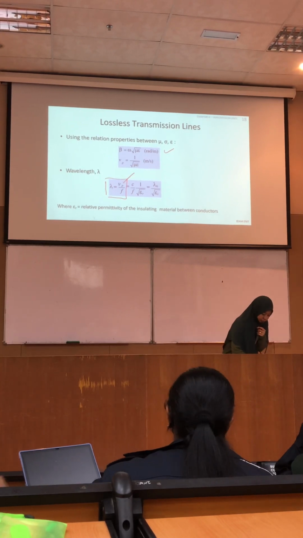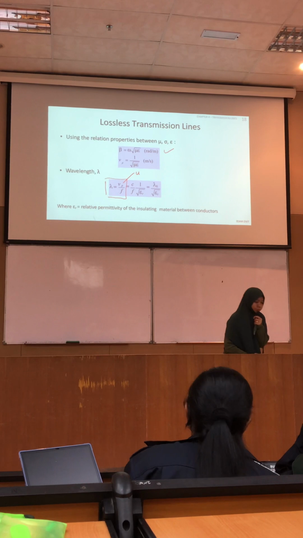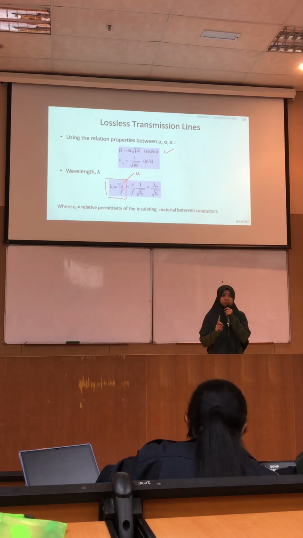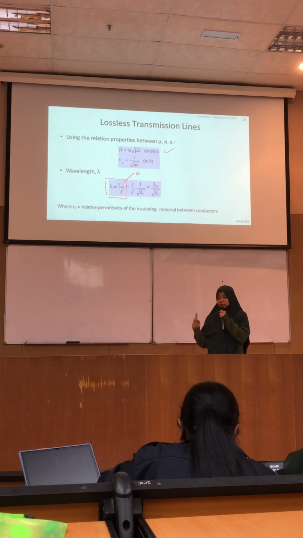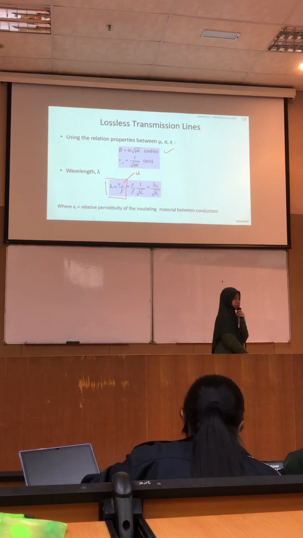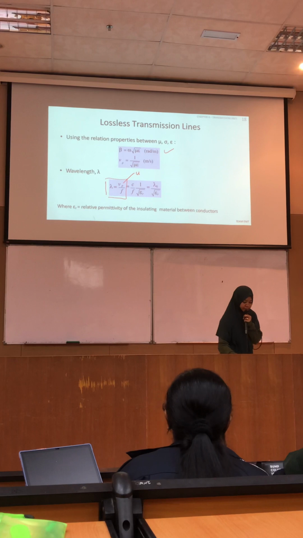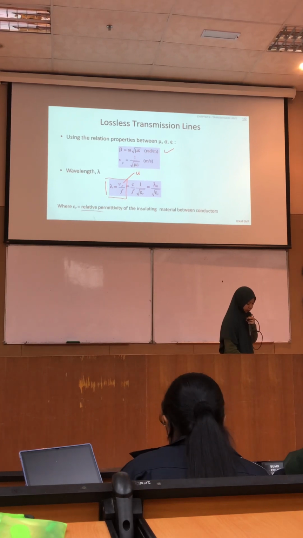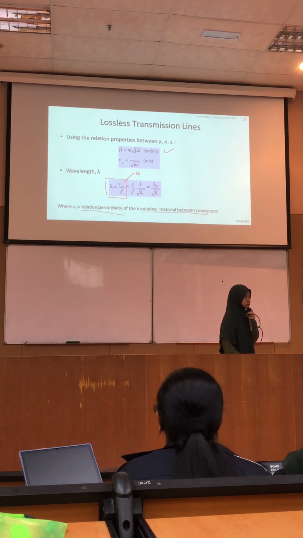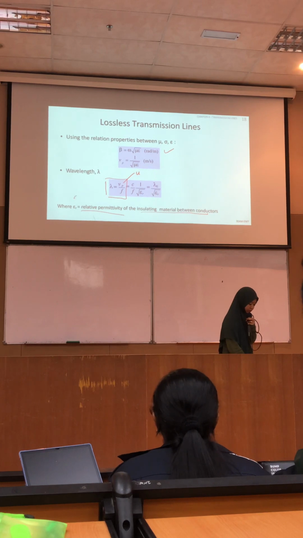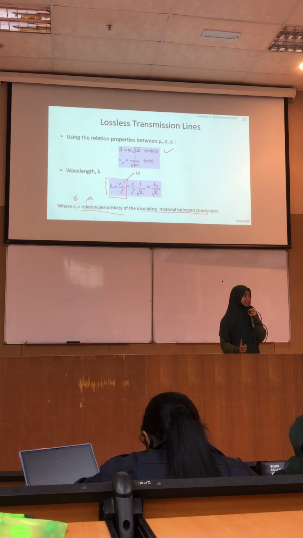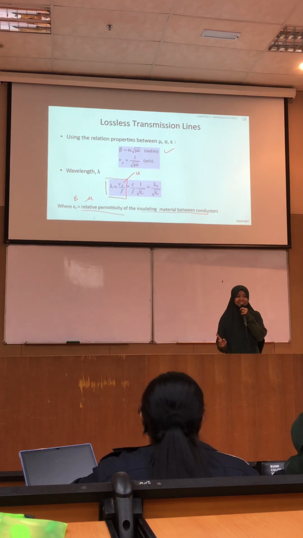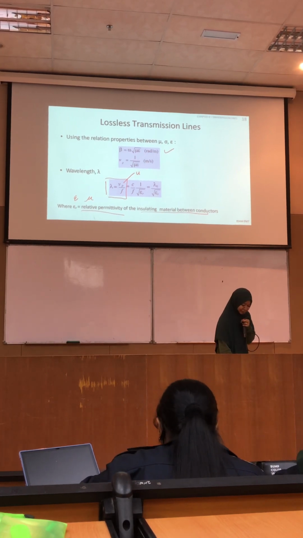We use V or U, the velocity is the same; some books use U, some use V. It means the velocity of the wave. Epsilon is the relative permittivity of the insulation material, while mu is permeability, the magnetic field. I don't want to touch that.